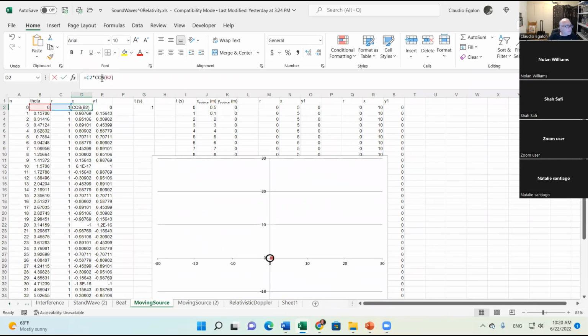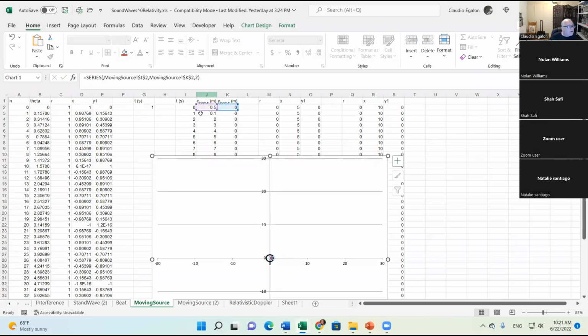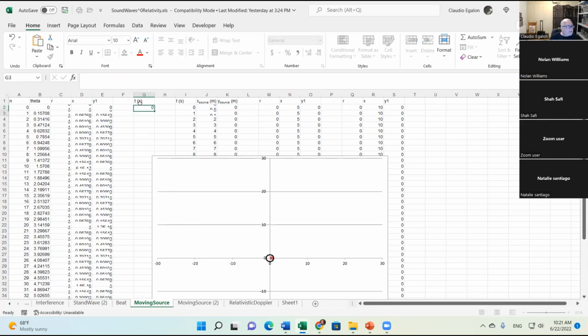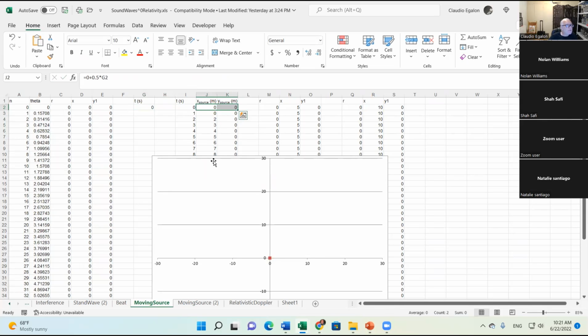X is the position of the source. At time t equal to 0, here you go, X, the position of the source.